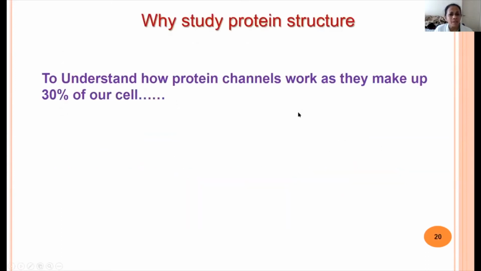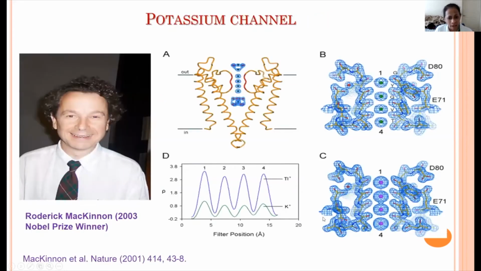So then why else would we study protein structure? We study protein structure to understand protein channels, as membrane proteins and channels make up 30% of our cells. They form all these transporters and all of those things, right? Again, Roderick MacKinnon figured out exactly how things in the cell move in and out of the membrane, right? In and out.